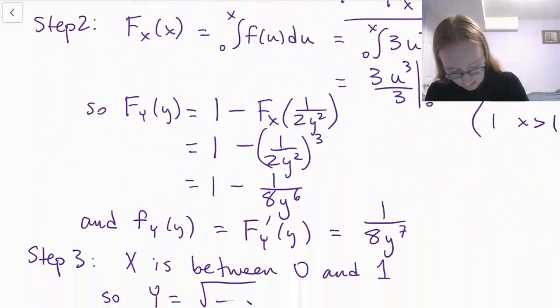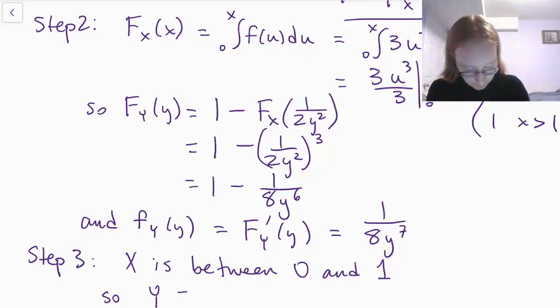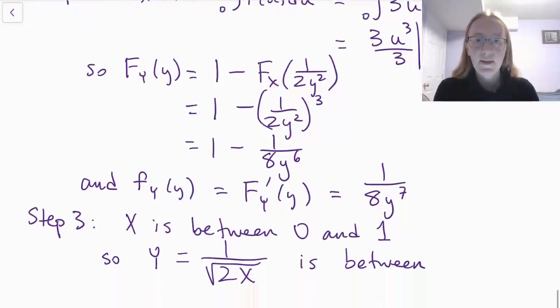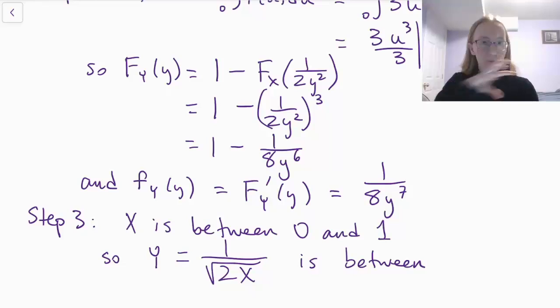Let me fix that then. Is going to be between, well, if x is towards the smallest possible values, 0, then this is going to balloon to infinity.